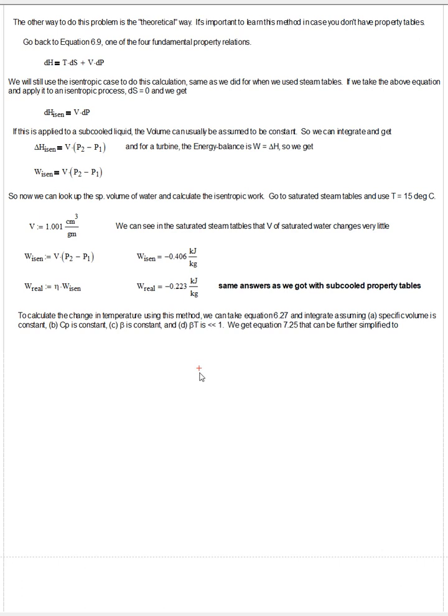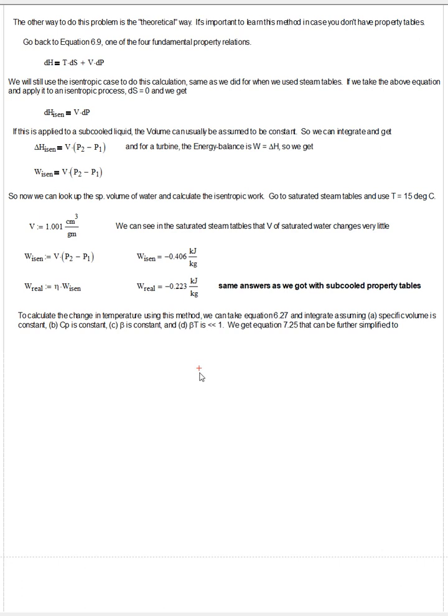Well, we just looked at the saturated liquid volume and we saw that it barely changes with respect to temperature in our saturated steam tables. So first we assume beta is constant. That's fine. But also, beta is a very small number.